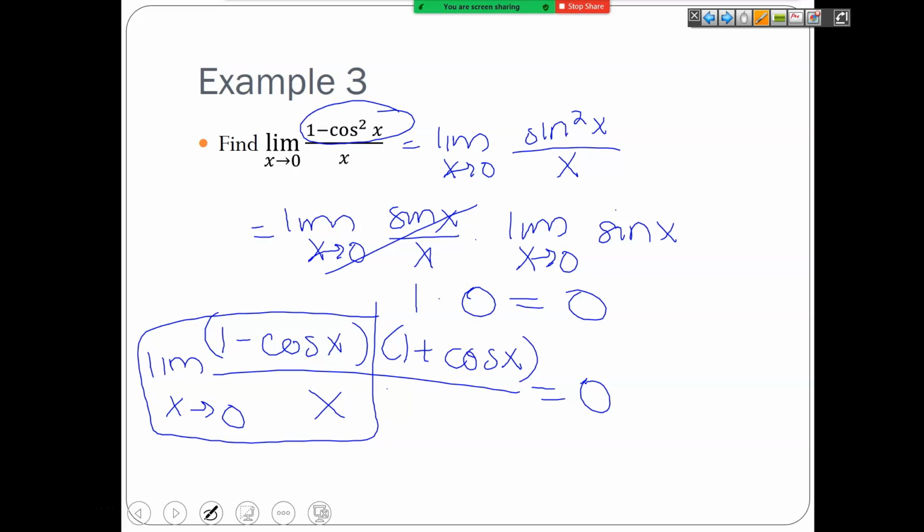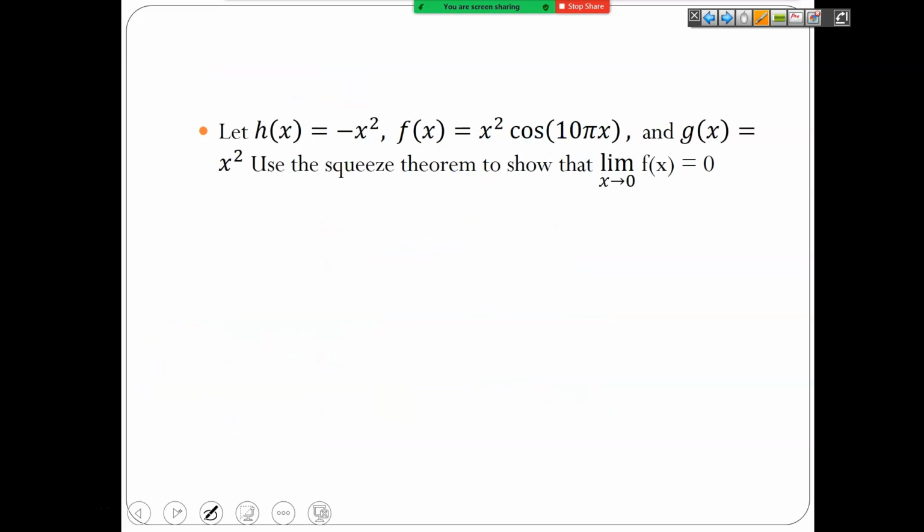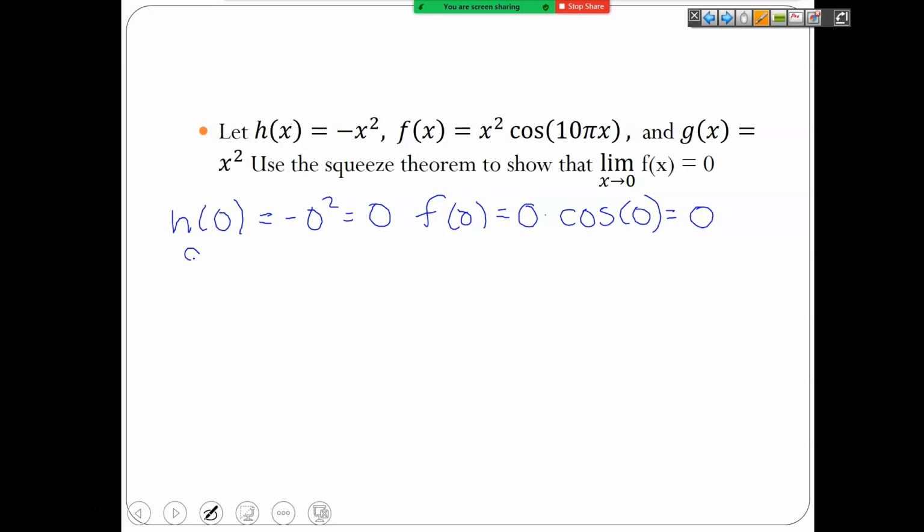So h of 0, f of 0, and g of 0. So all of their function values are equal to 0. The cosine of 0 is obviously 1.